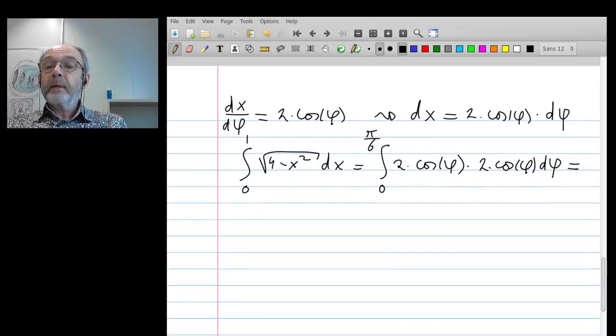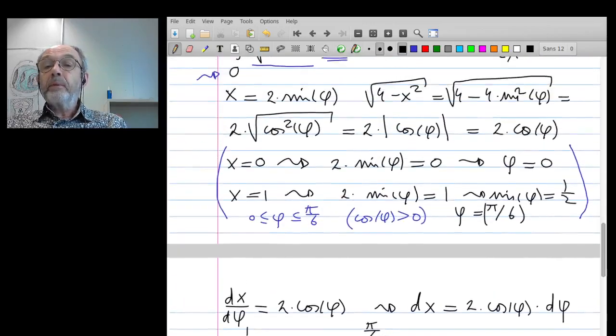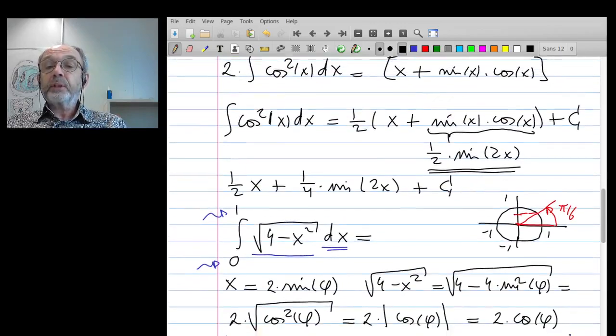Here we have that integral from 0 to pi divided by 6. 2 times 2 is 4, so I can put 4 before the integral, and I have cosine squared phi d phi.